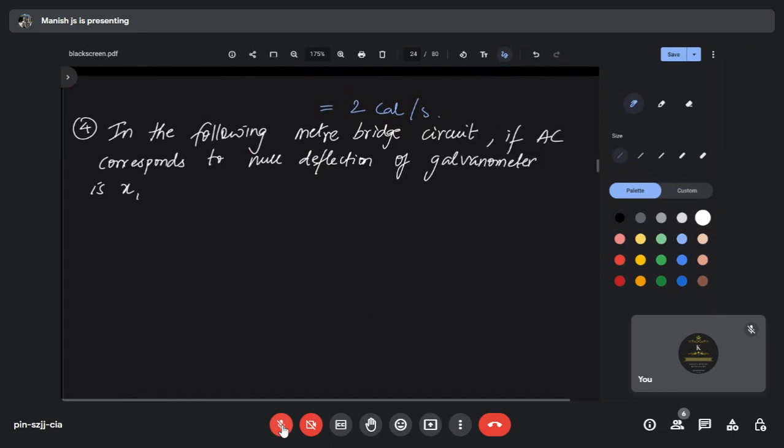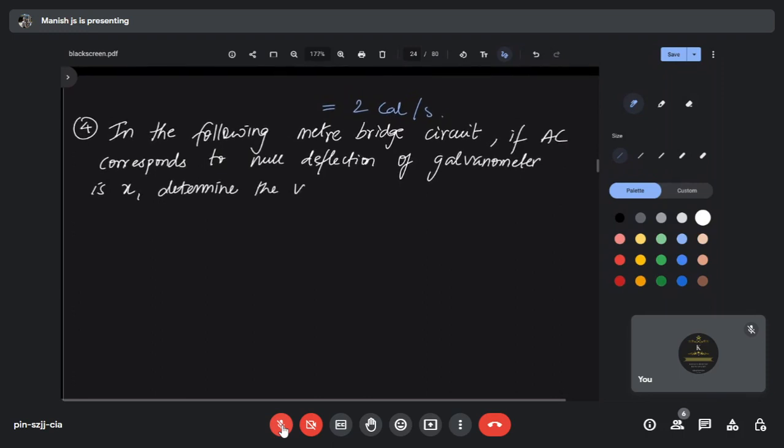is X, determine the value of the radius of the wire AB is doubled.